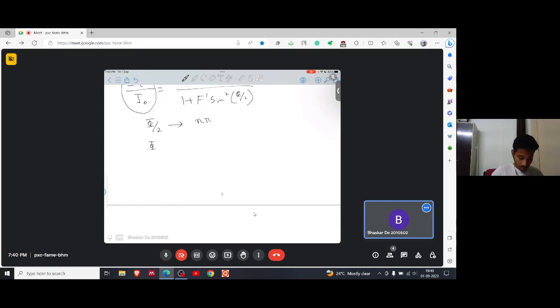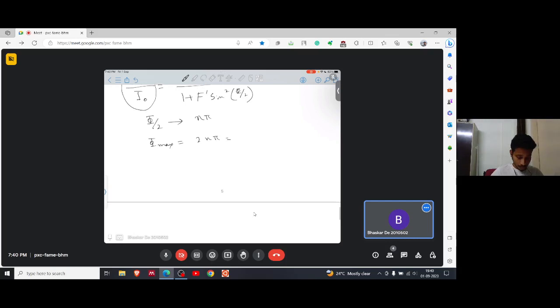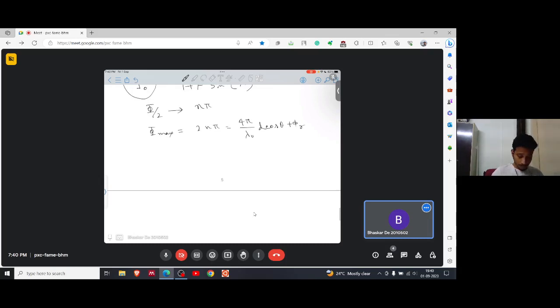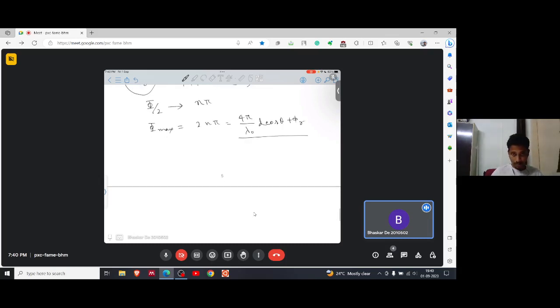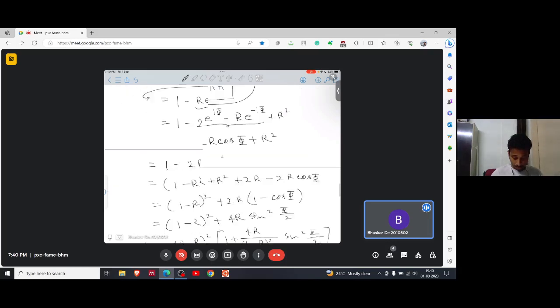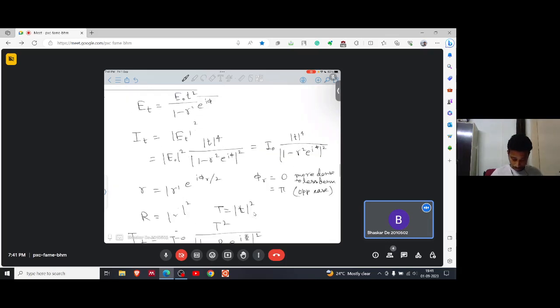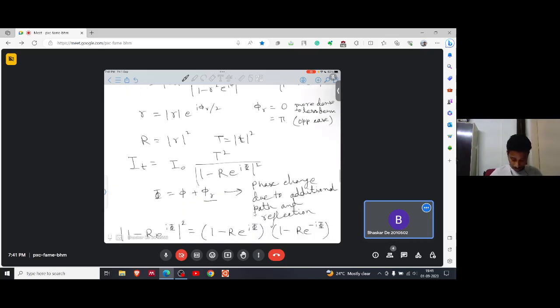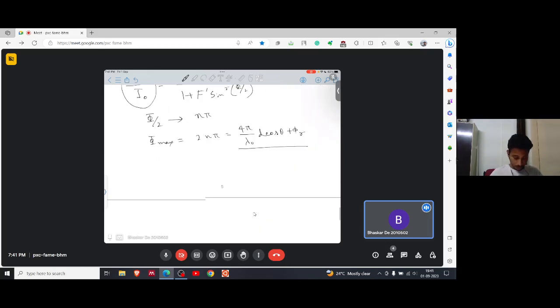So phi max is 2n pi. So now here we can write this as 4 pi by lambda naught d cos theta plus phi r. This is from the previous equation I have used here.